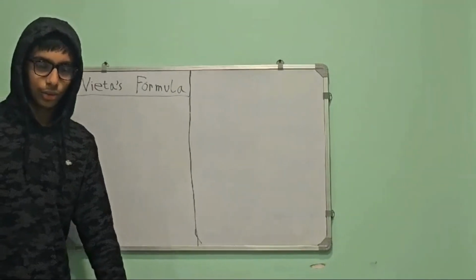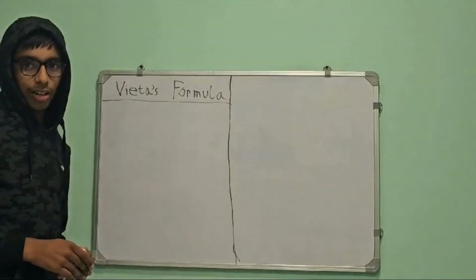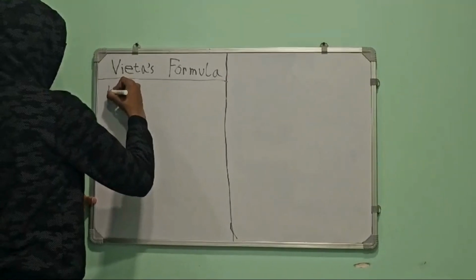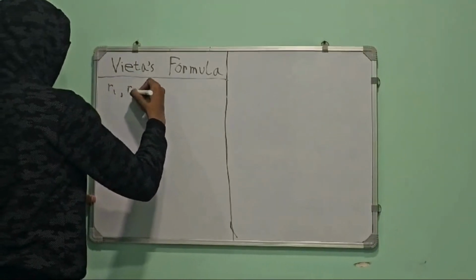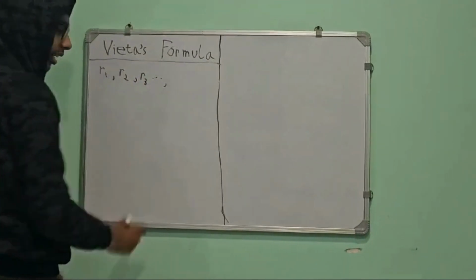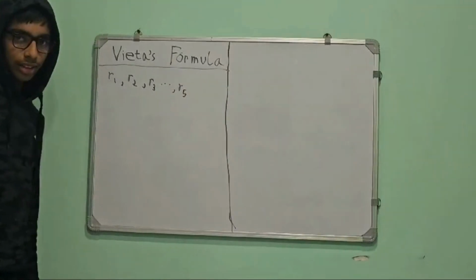So now let's get into Vieta's formula. We will be considering the roots of a polynomial of nth degree. So let's say the roots are r1, r2, r3, and let's say it's a degree 5 polynomial, so it will be up till r5.